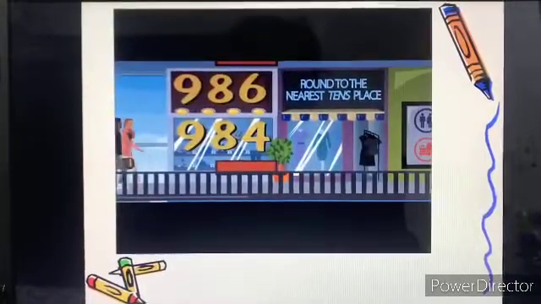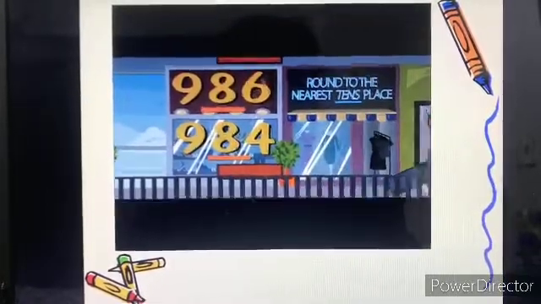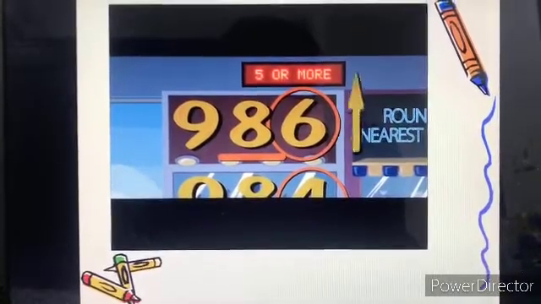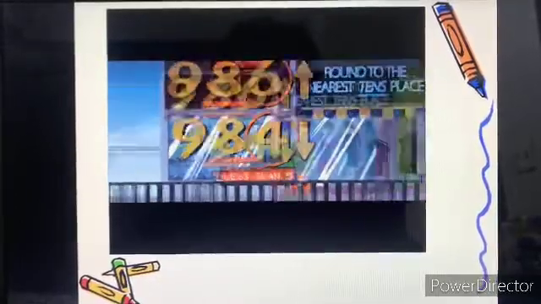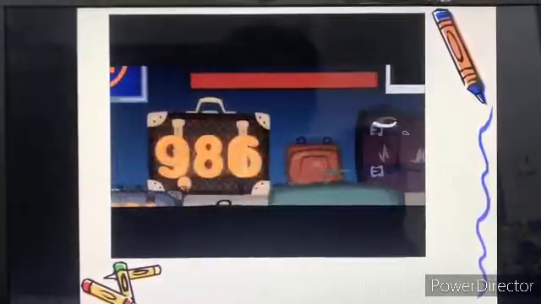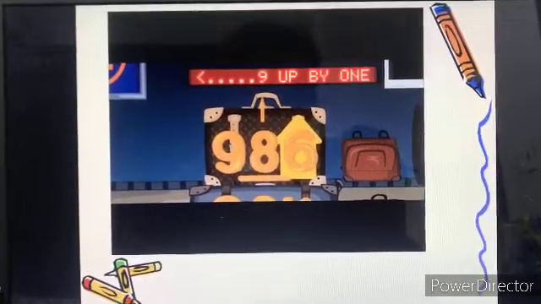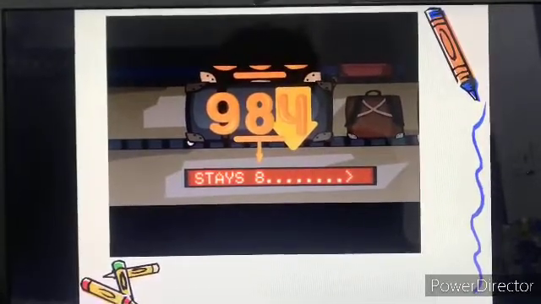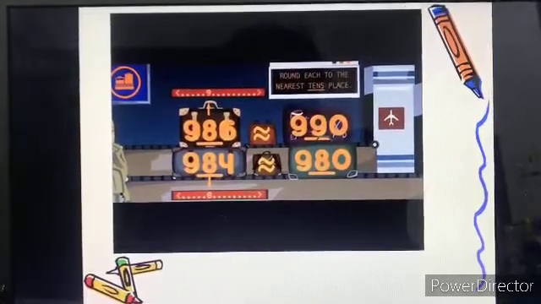When rounding to a certain place value, find the rounding place, then continue to look at the number to the right. If the digit's 5 or more, then you round up. If the digit's less than 5, then you round down. That's how the rounded number is found. When rounding up, the rounding place goes up by 1. When rounding down, it stays where it had begun.